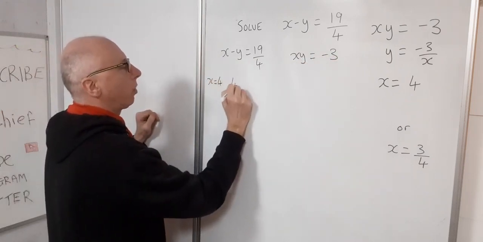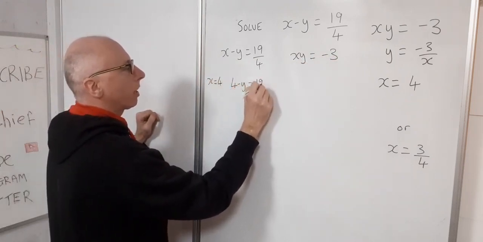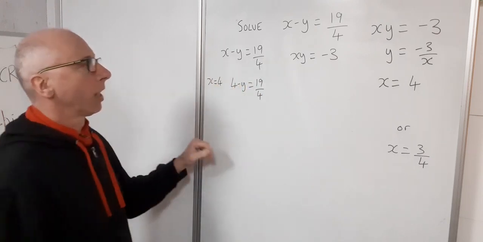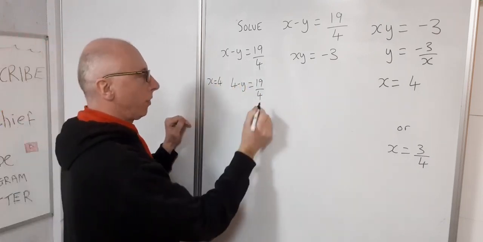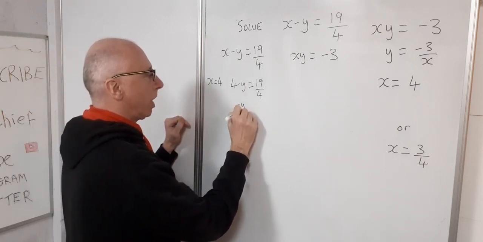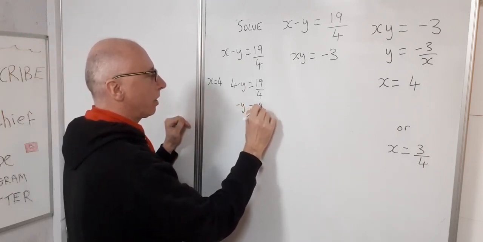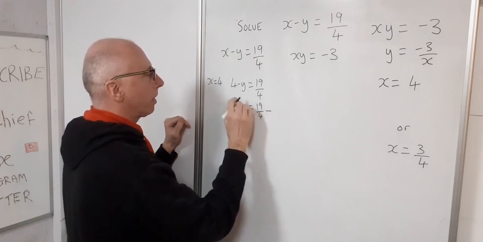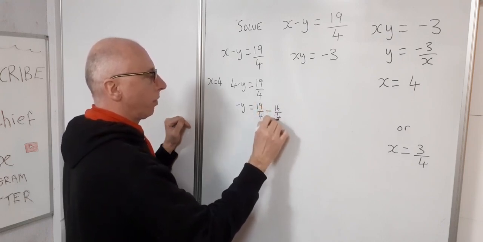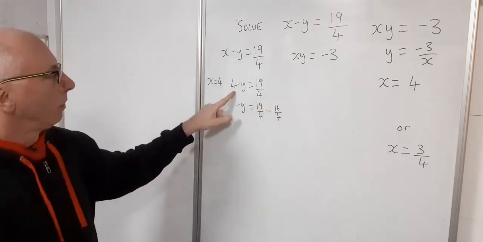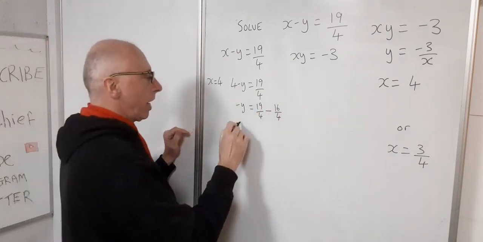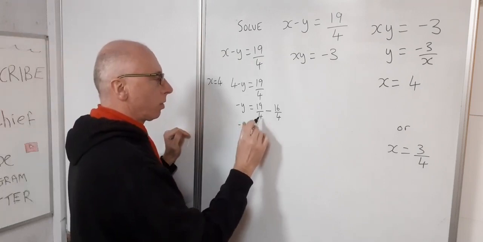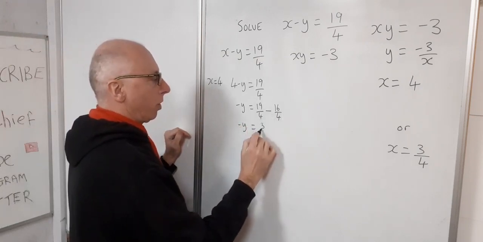Okay, x equals 4. So now I've got 4 minus y equals 19 over 4. So to get this y on its own, subtract 4 from both sides. So I've got minus y equals 19 over 4 minus 16 over 4 to get the same denominator. 4 is the same as 16 over 4. Okay, so now I've got minus y equals 3 over 4.